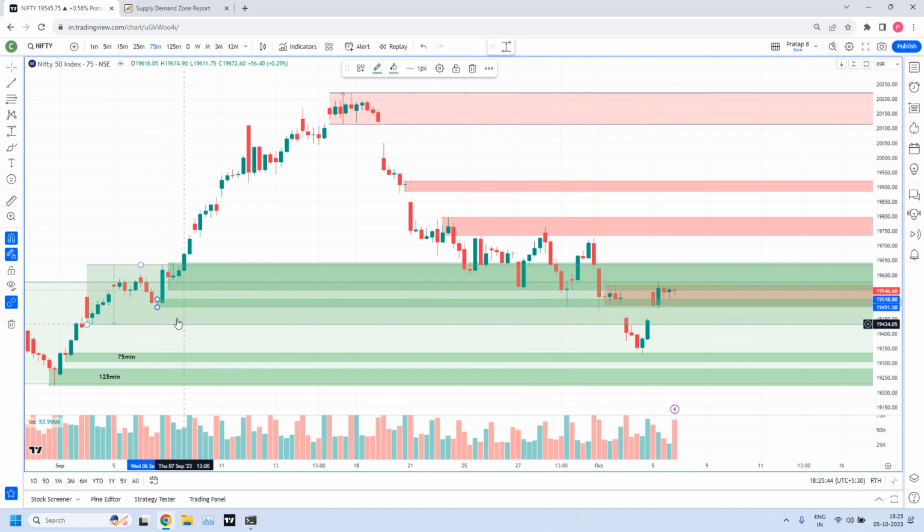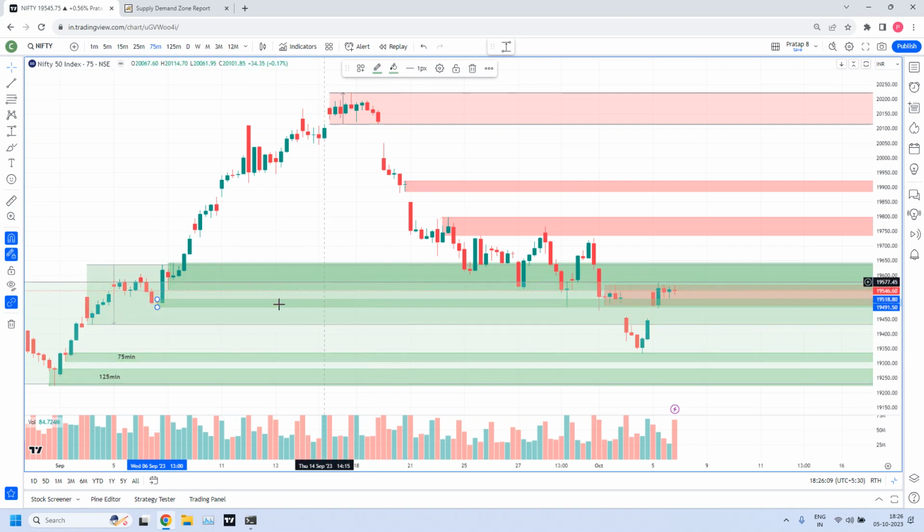And are there any more 75 minute zones here? No. So next time what happened? The price simply went below this. That means at this point in time, the moment this supply zone is broken, I know that this daily demand zone will be violated.